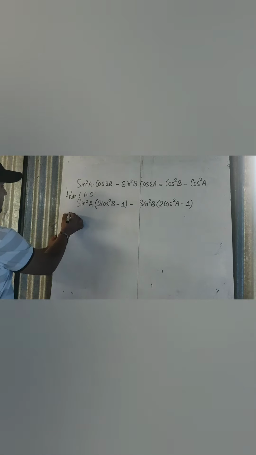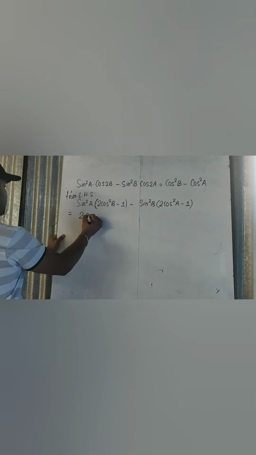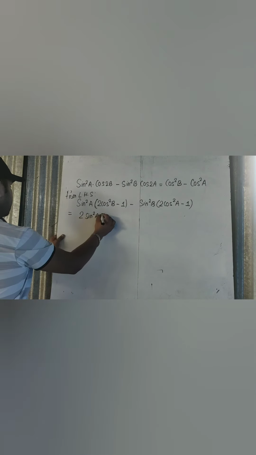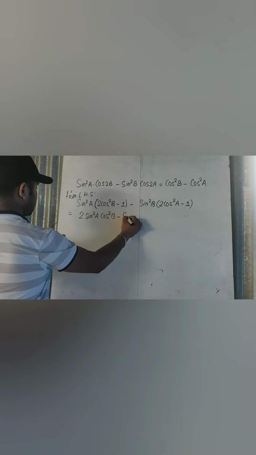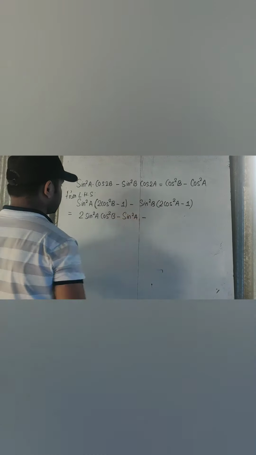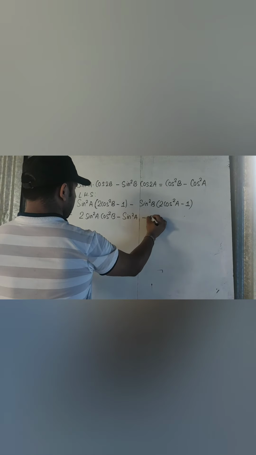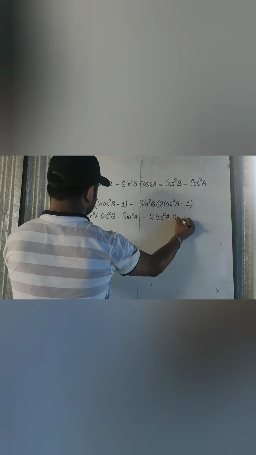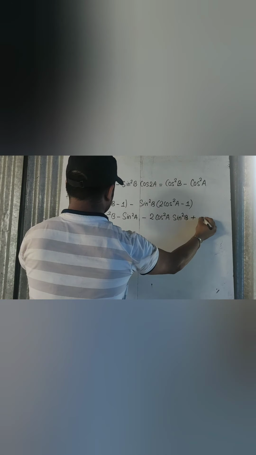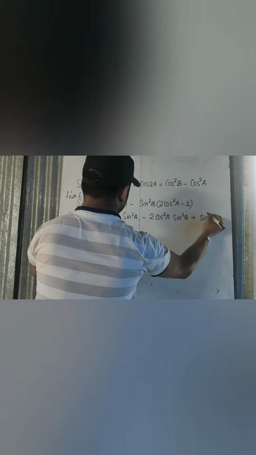Now let us multiply it. Sin square A, 2 sin square A cos square B, minus sin square A into 1 is sin square A, minus 2 cos square A sin square B plus sin square B.